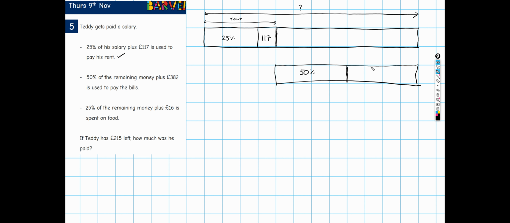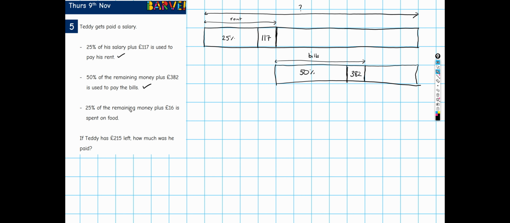I'm going to make my life easier, and make this 382. It doesn't matter that this ought to be a lot bigger than that. I just want to leave myself some space. That's all. Okay, so that's that bit taken care of, and this is bills. Okay, all too many of them.